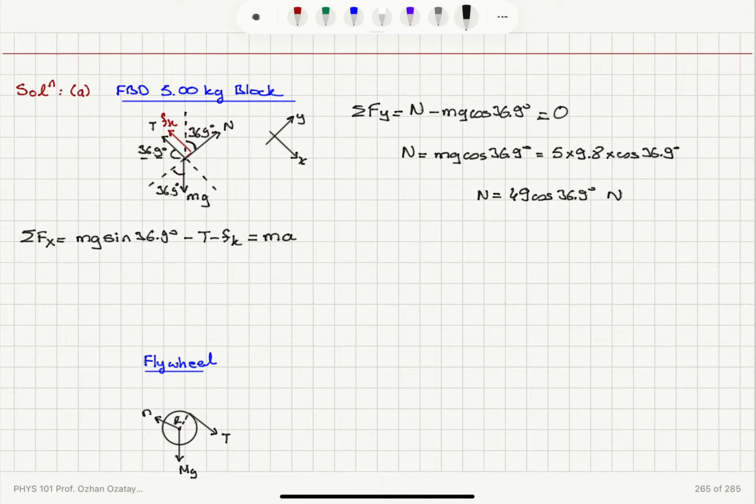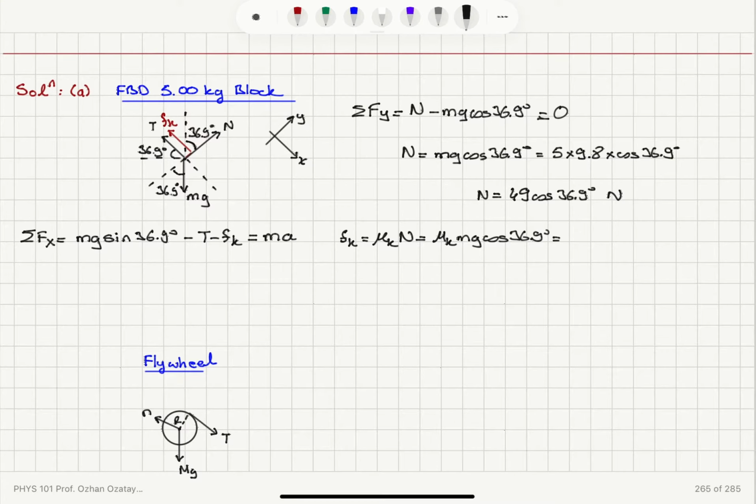And we have the kinetic friction Fk given by coefficient of kinetic friction times the normal force N, which is mu k mg cosine 36.9 degrees.